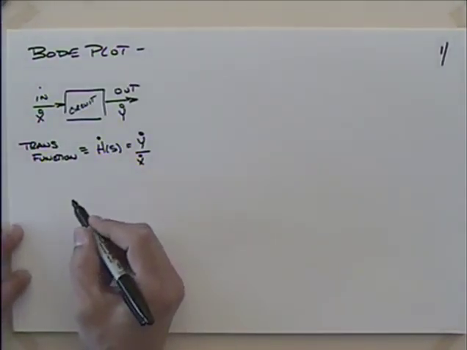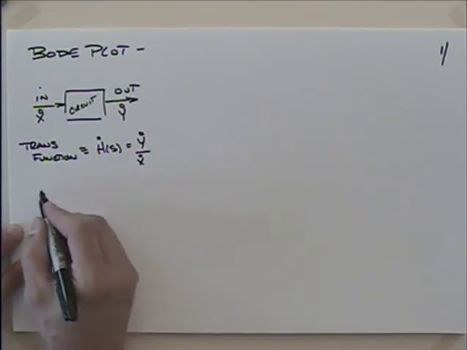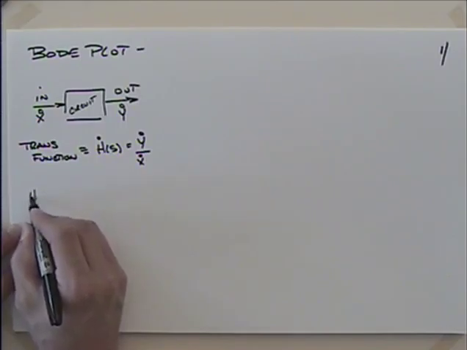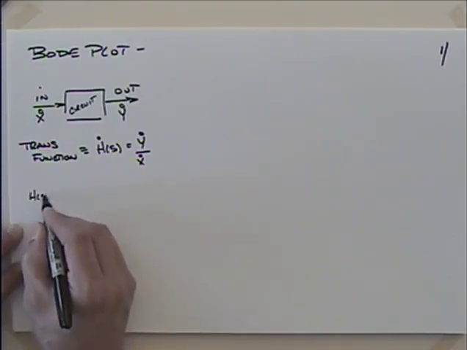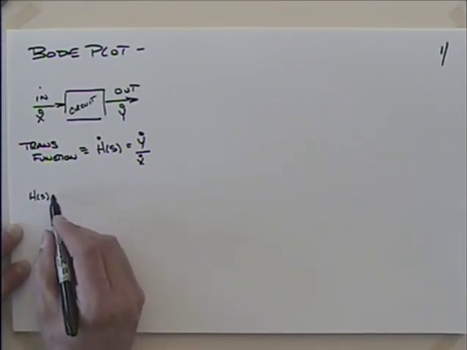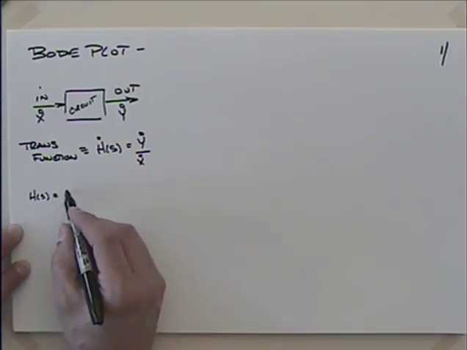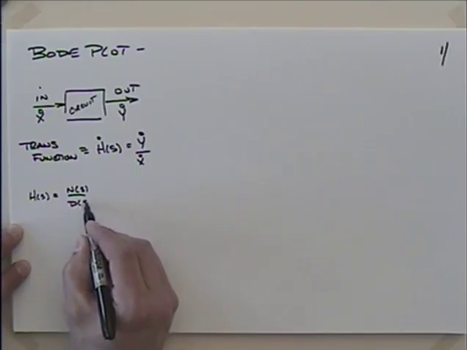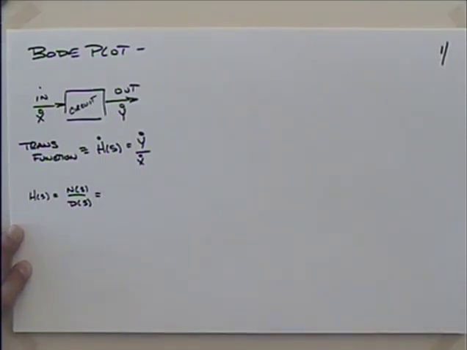Oftentimes, the way this thing looks, our transfer function, we could probably make this look real mathy, but if I look at the magnitude of it, it's going to have some numerator in the S domain and some denominator in the S domain. And really, this boils down to probably a polynomial. We'll see this.